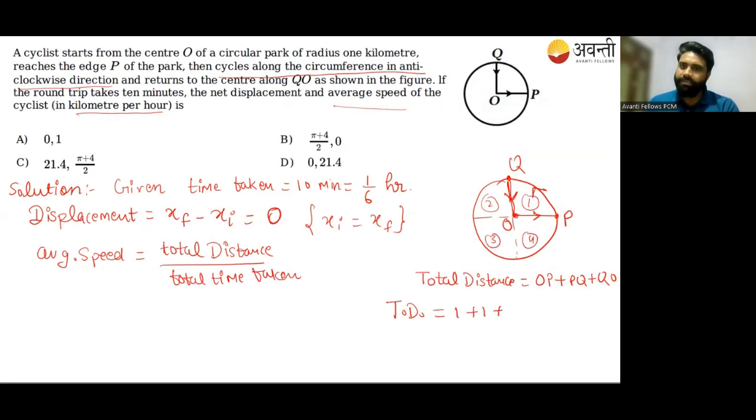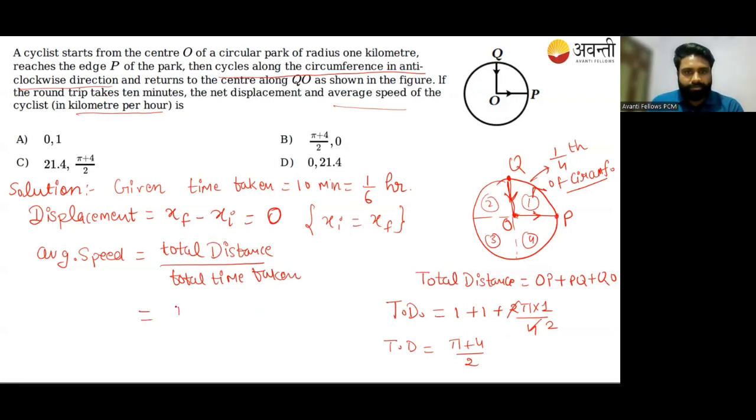So this curved line PQ is one-fourth of the circumference, and the total circumference is 2 pi times the radius, which is given as 1 kilometer, divided by 4, because PQ is one-fourth of the circumference. So we have pi by 2 plus 2. So total distance here is pi plus 4 divided by 2. I have taken 2 as the LCM.